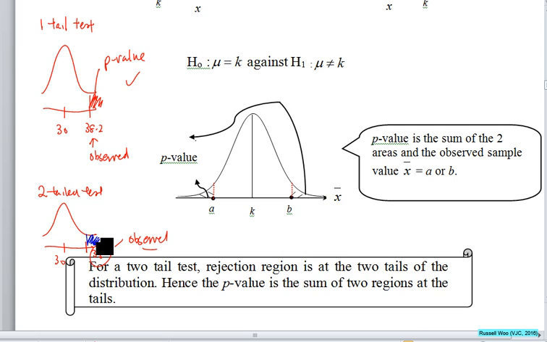That means I could be here or here. This can be extreme, here also can be extreme. Therefore, the p-value is like what is stated here, the sum of the two areas here and here. That means if you observe 35, you get this area, and the p-value is this area times 2. Because p-value is the probability of obtaining a value as extreme as the observed value.